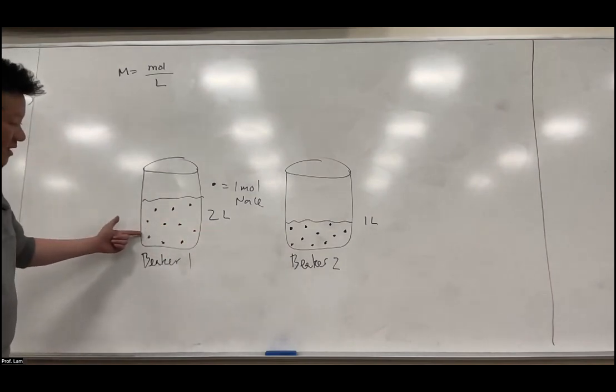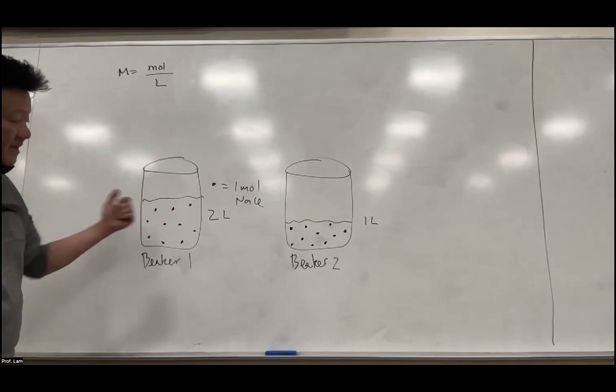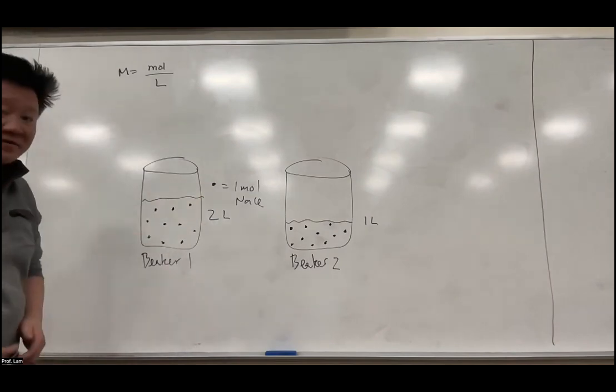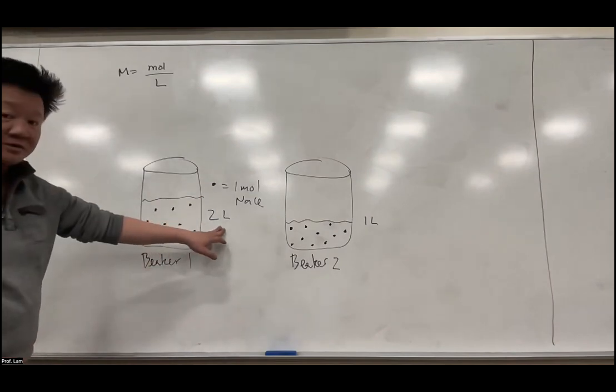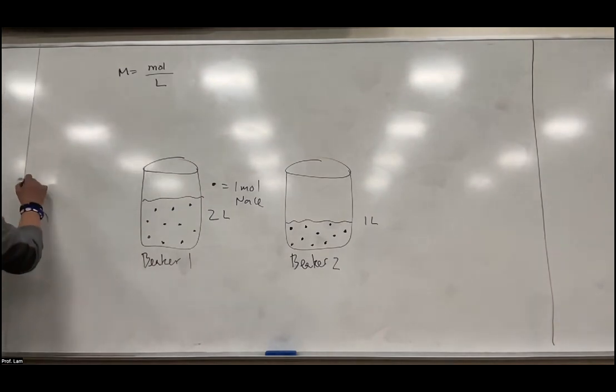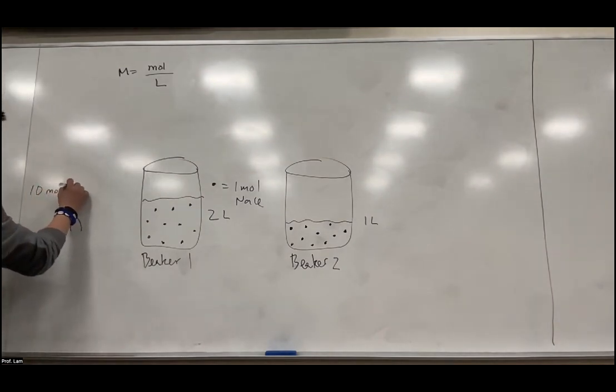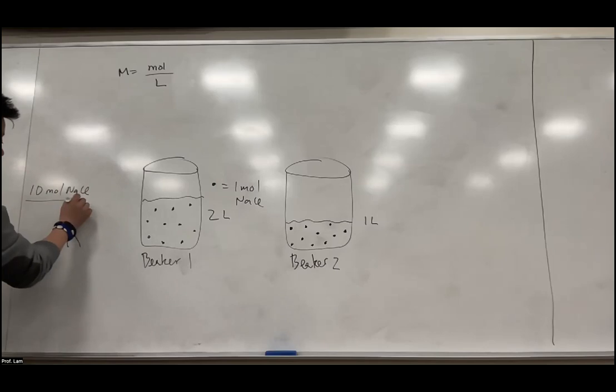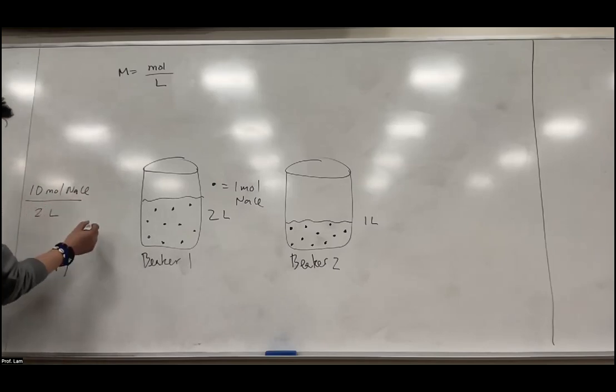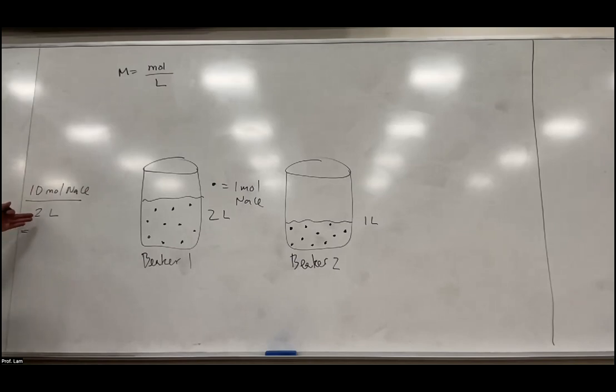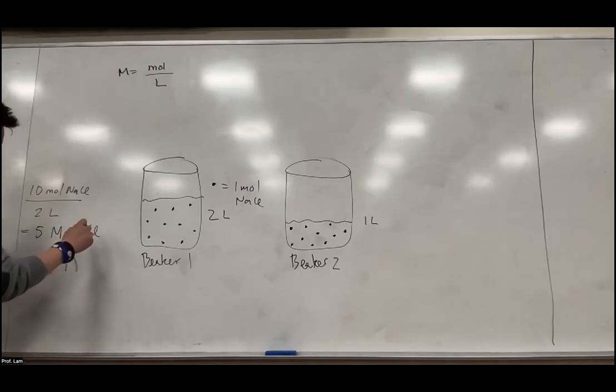So if you count the dots, 3, 6, 9, 10, that's 10 moles of NaCl per 2 liters, okay? So 10 moles of the solute over 2 liters of the solution. So if you divide this out, right, 10 divided by 2 is 5. So this is a 5 molar NaCl solution, and that's how it would be written.